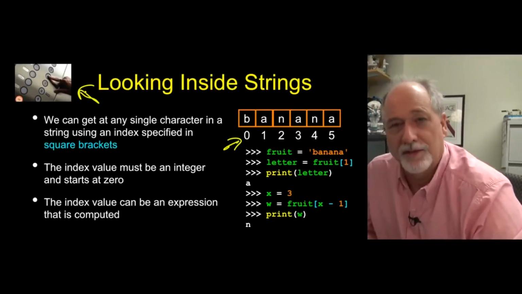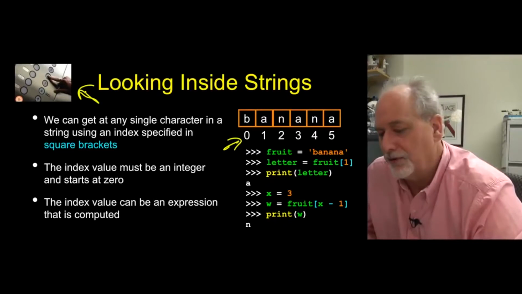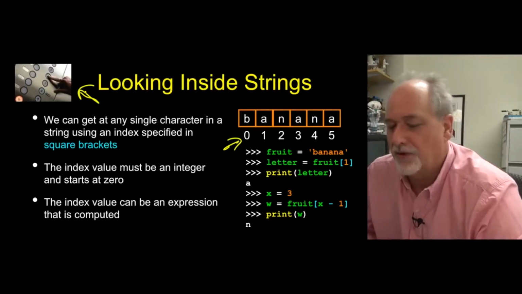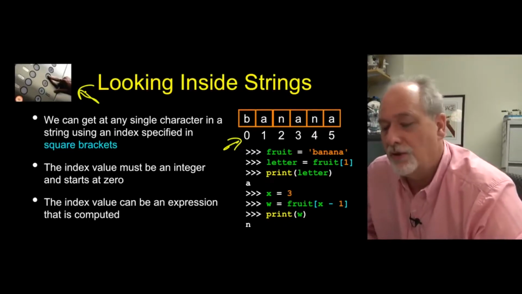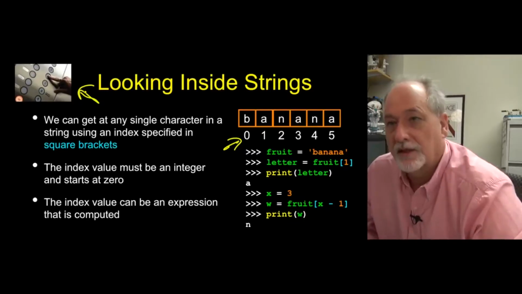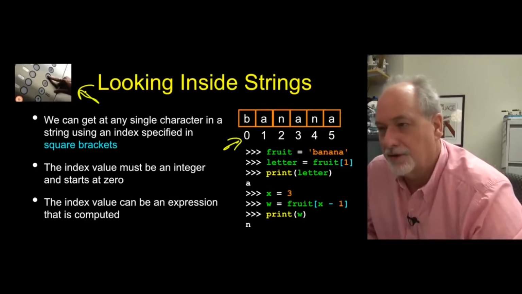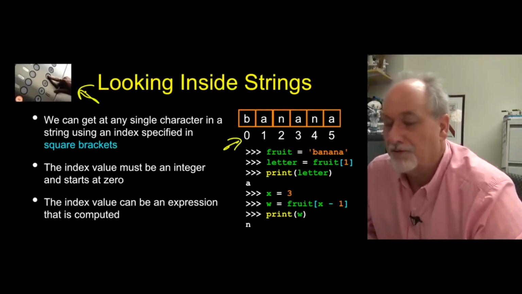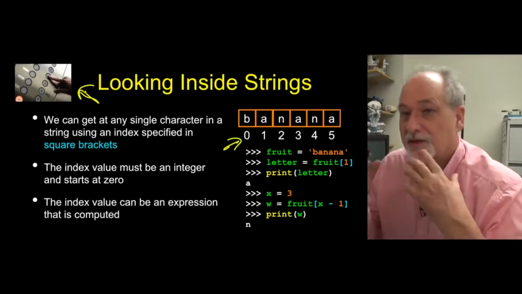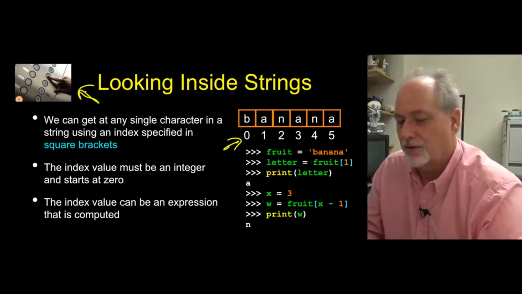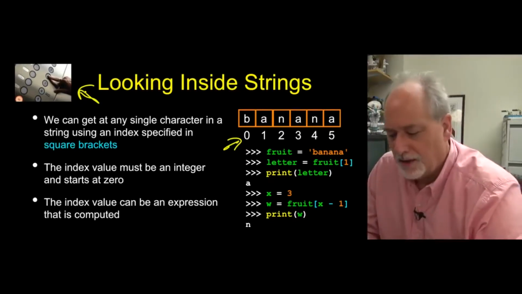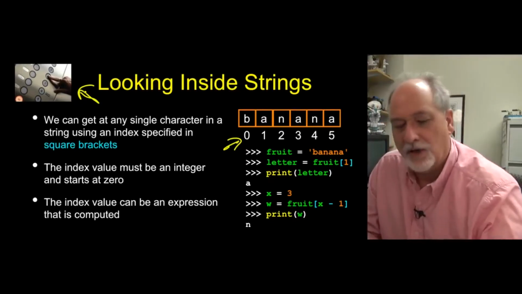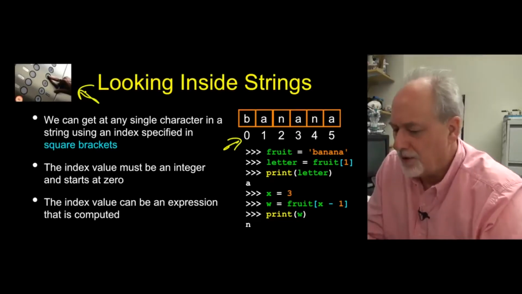Turns out in the old days there was some efficiency with lists of things starting with 0. These days the efficiency isn't the issue, but there's a certain elegance to starting at 0, even though intellectually you might think 1 would be the first character in the string. It might make the most sense to be sub 1, but it's not, it's sub 0. Just remember that. And so we have this operator called the index operator, and it's square brackets.